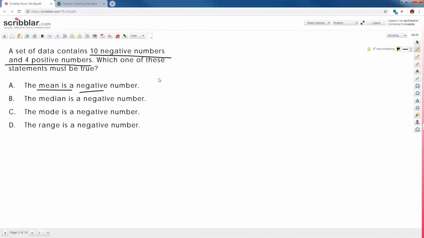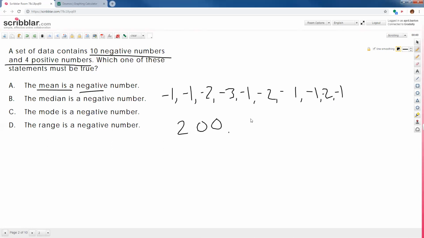Right. So there are a lot more negative numbers, but what if all the negative numbers were really small? 1, 2, 3, 4, 5, 6, 7, 8, 9, 10. If all the negative numbers were really small and all the positive numbers were really big, if we add all these together, it's still going to come out positive.